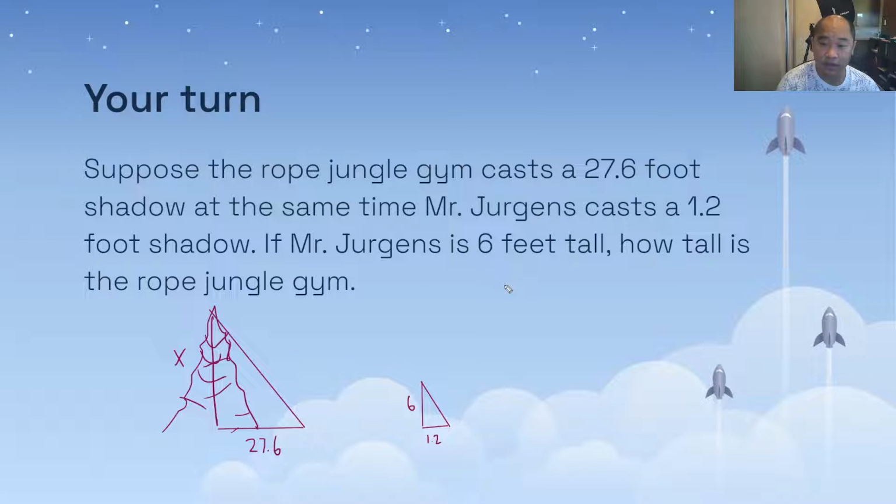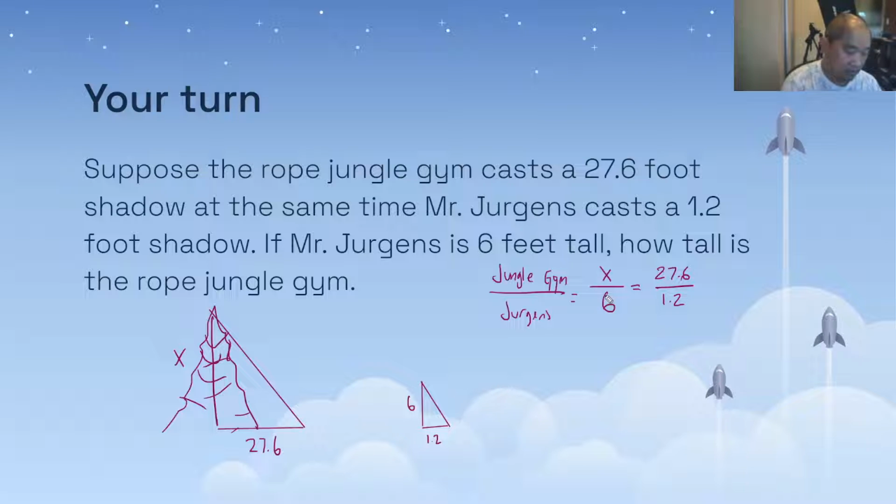So we can write a proportion of the jungle gym to Mr. Juergens. We could write this as x over 6. This is the height of both things, to 27.6 over 1.2, which is the shadow of both things. 6 times 27.6 is 165.6, and that equals 1.2x.